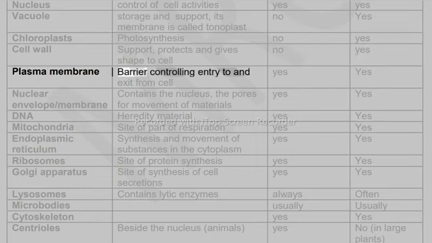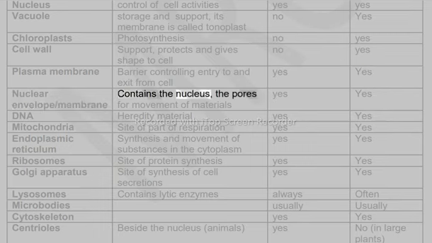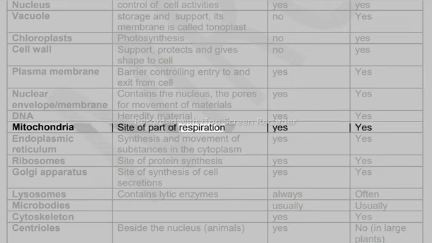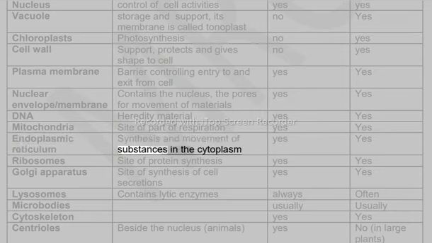Plasma membrane: barrier controlling entry to and exit from the cell; yes, yes. Nuclear envelope: contains the nucleus, with pores for movement of materials; yes, yes. DNA: heredity material; yes, yes. Mitochondria: site of part of respiration; yes, yes. Endoplasmic reticulum: synthesis and movement of substances in the cytoplasm; yes, yes.